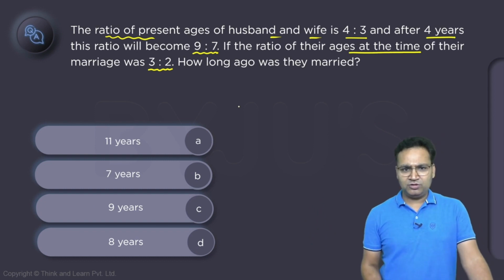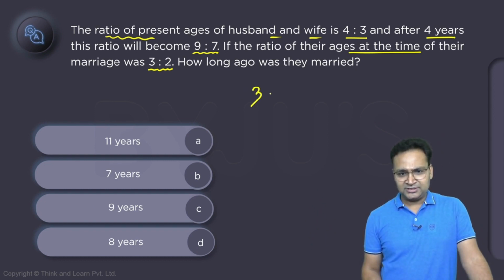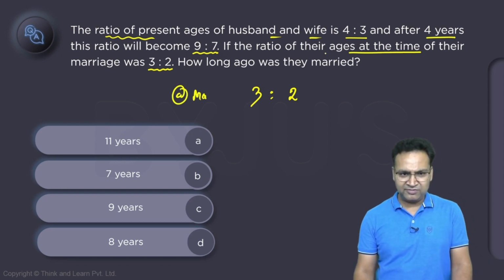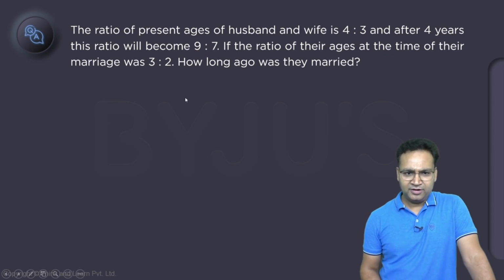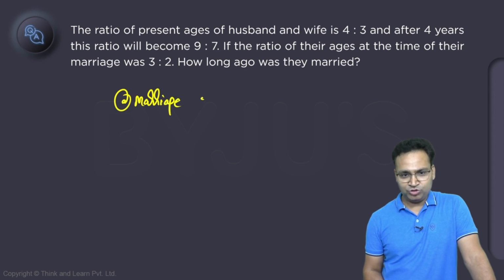Clear? So let me see it like this: 3:2 at the time of marriage. In fact, let me make space on it. So what I'm saying, at the time of marriage, the ratio was 3:2. Clear?